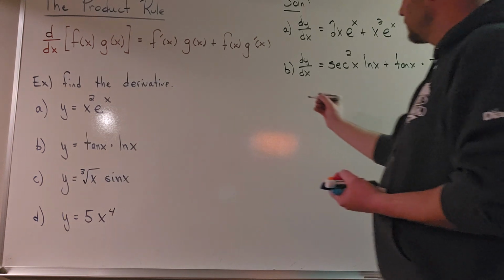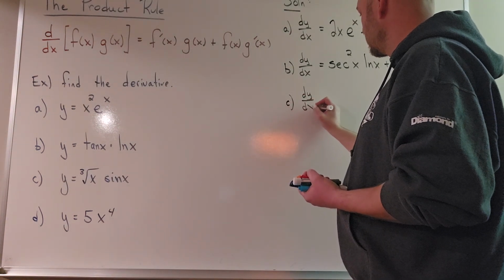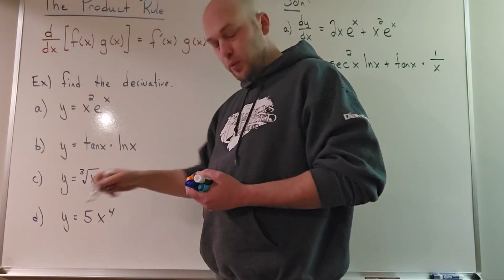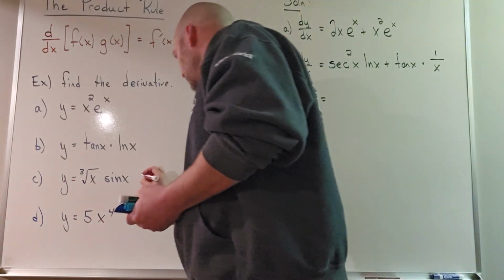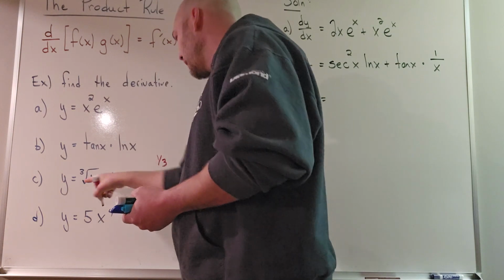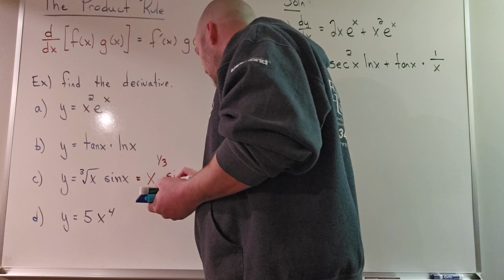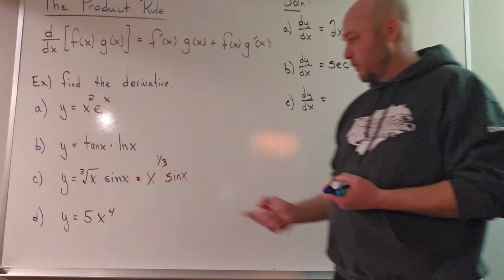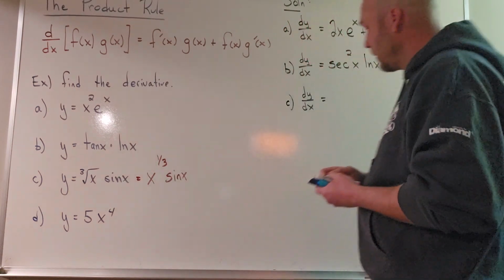Part C. Cube root, what we do with that as a reminder is we write this as x to the 1/3. So I'll write a radical with an exponent, that would be x to the 1/3 multiplied by sine of x. You don't have to, but it is a good reminder to walk through the power rule. All right.